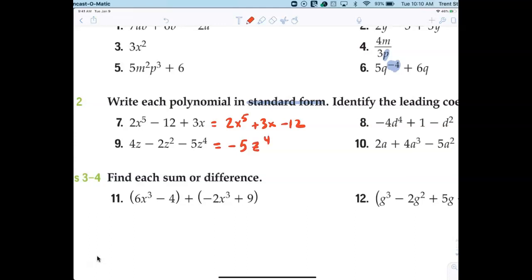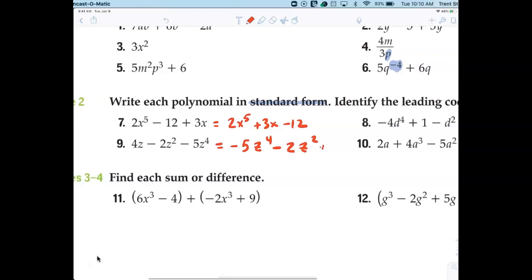Then what? Negative 2z squared. Then what? Plus 4z. I'm happy with that. It's largest to smallest.